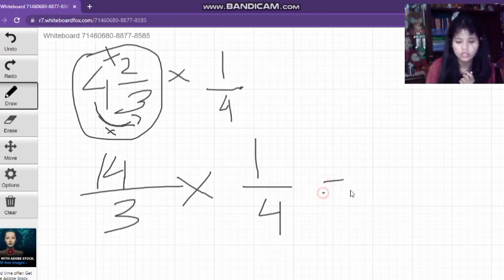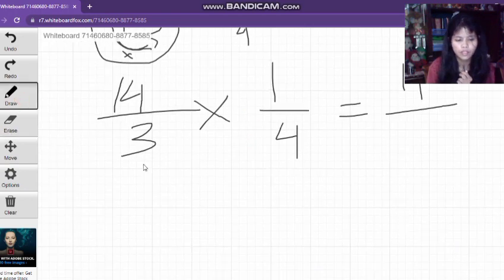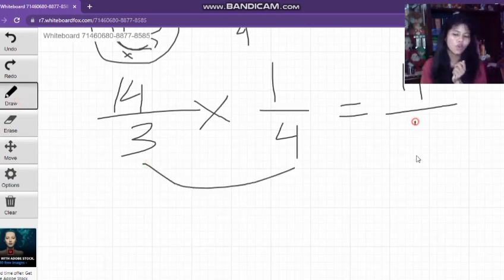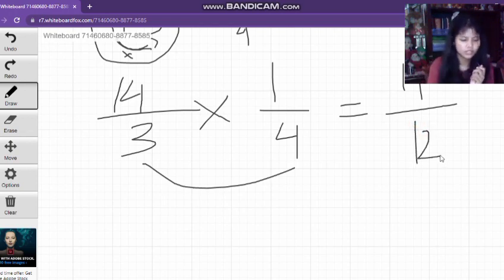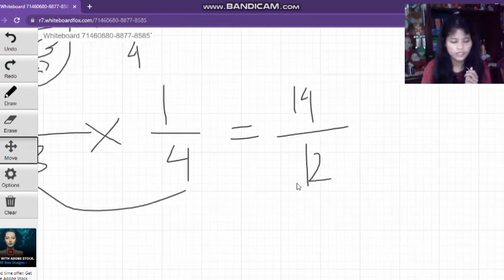So 14 multiplied by 1 is 14, and then the 3 multiplied by 4 is 12, and we can still simplify by dividing both by 2.